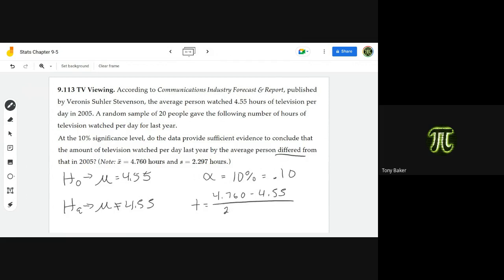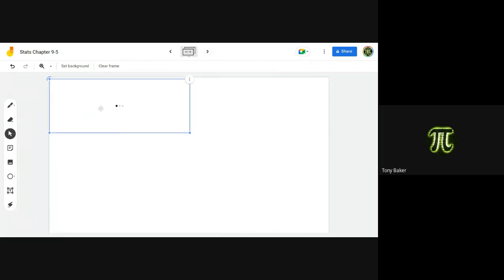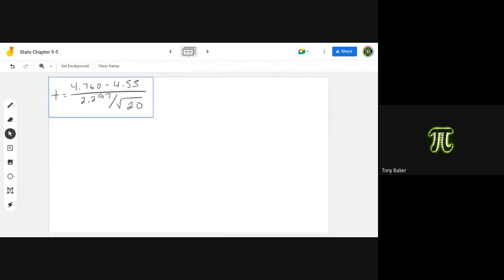And then my standard deviation for my sample is 2.97, and we're dividing this by the square root of 20. So I got 0.41.